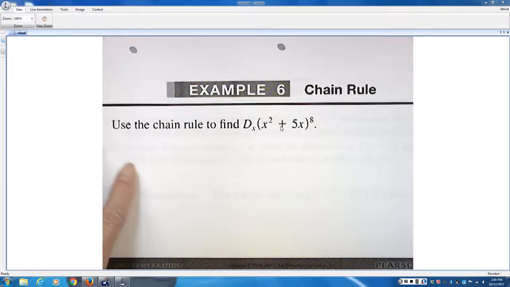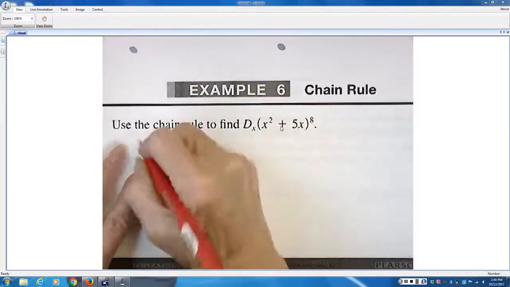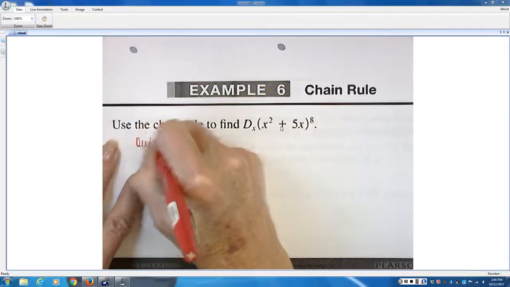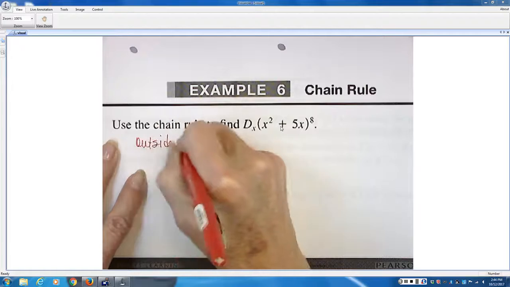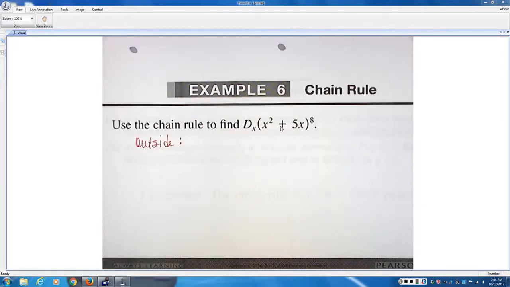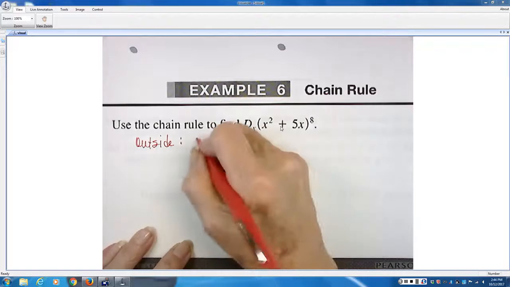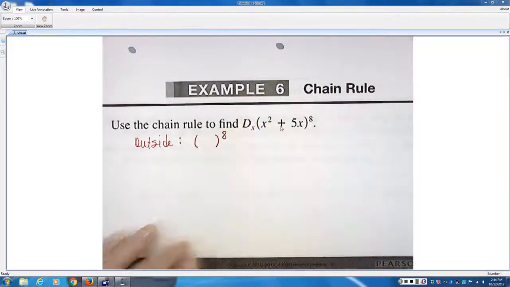When you've got the function, tell me what the outside is. Parentheses to the 7th. Okay. And don't put anything in the parentheses, just leave them alone. Okay? Because that's all it does. Whatever's in those parentheses stays in them. Tell me what the inside function is.